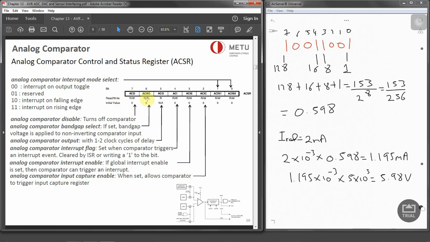And for band gap selection, we need to select the band gap voltage reference over there. Analog comparator output with 2 clock cycles of delay, the analog comparator interrupt flags and the interrupt enable to have an interrupt, and input capture modules, they're all configured with the ACSR bits.